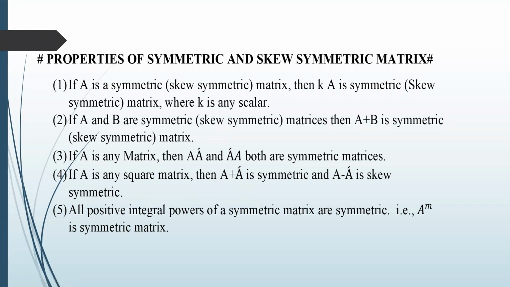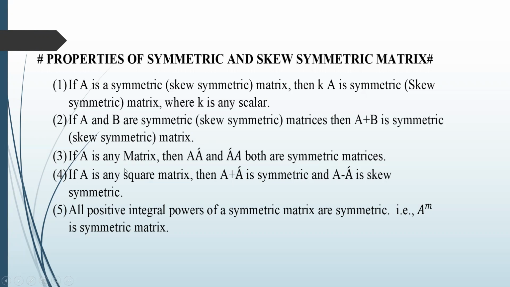Properties of symmetric and skew symmetric matrices. If A is a symmetric matrix or skew symmetric matrix, then KA, when we multiply by a scalar, is again a symmetric or skew symmetric matrix. Okay. If A and B are symmetric or skew symmetric matrices, then the sum A plus B is also a symmetric or skew symmetric matrix.